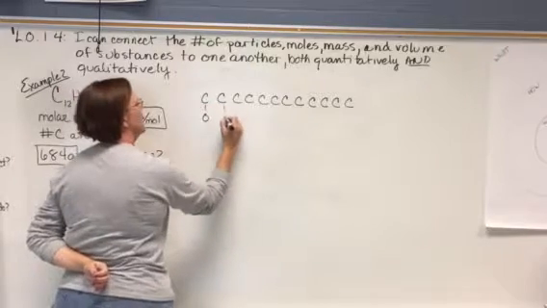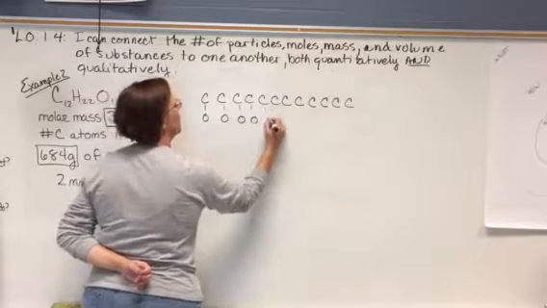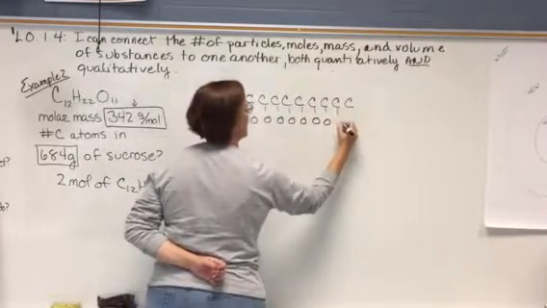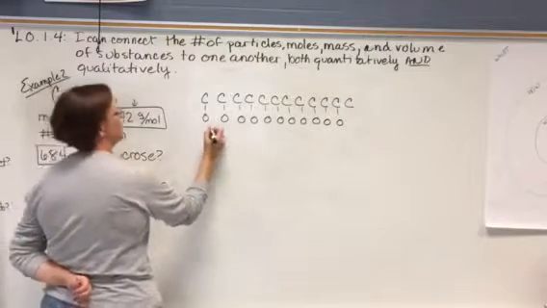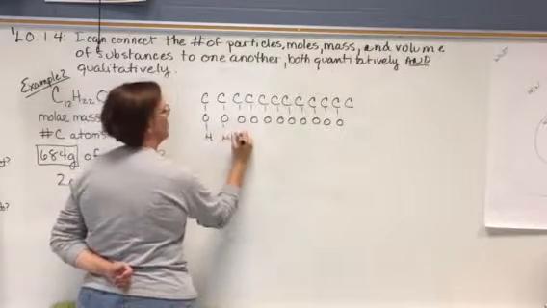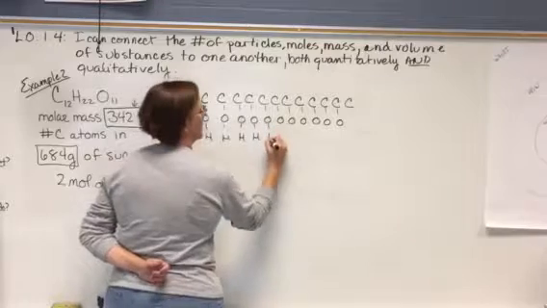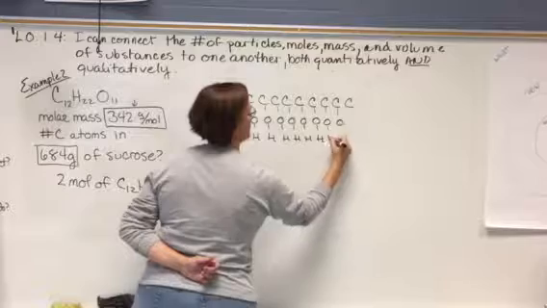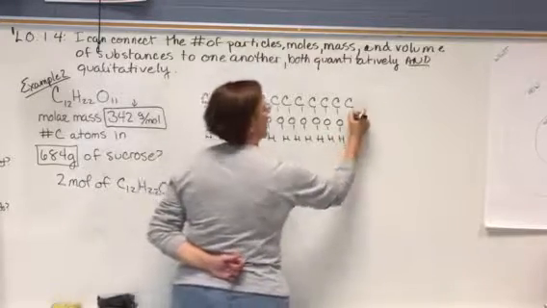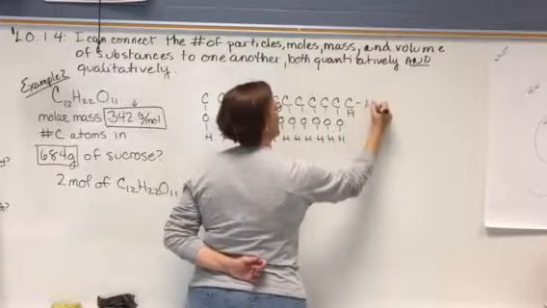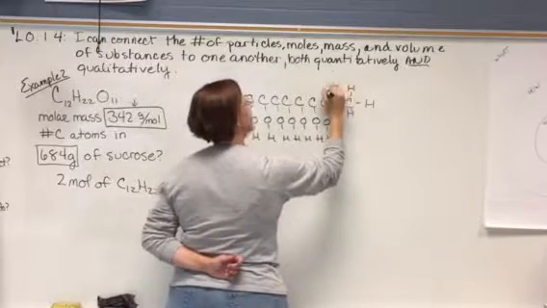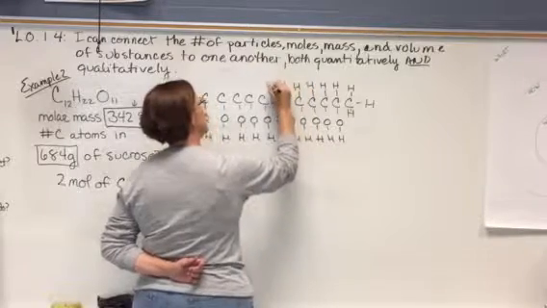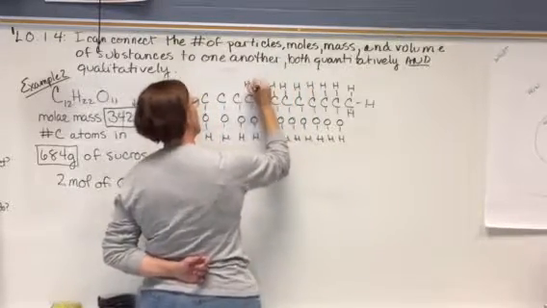So I'm just going to say 1, 2, 3, 4, 5, 6, 7, 8, 9, 10, 11 oxygens, and then my 22 hydrogens. So here's 11 of them. There's 11 hydrogens. Then I've got 12, 13, 14, 15, 16, 17, 18, 19, 20, 21, 22.